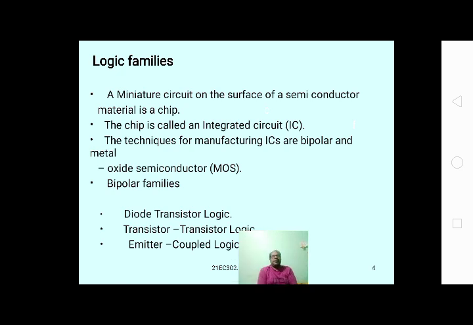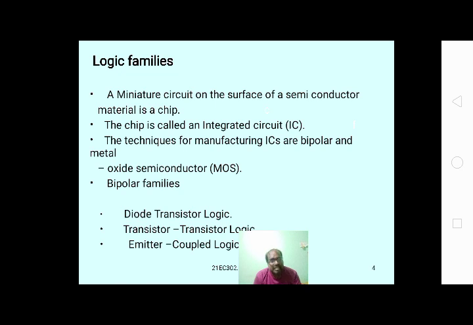Next, logic families. A miniature circuit on the surface of a semiconductor material is a chip. Miniature means small. You already know the semiconductor materials: extrinsic or intrinsic semiconductors.